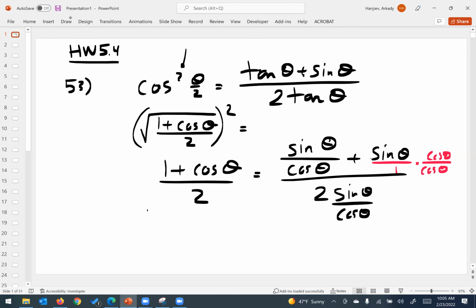So that means, let's see if I can squeeze it in here. So that means I have a sine theta plus sine times cosine theta all over cosine theta. Oof, barely got in there. And this one is 2 sine theta over cosine theta. And we learned something.